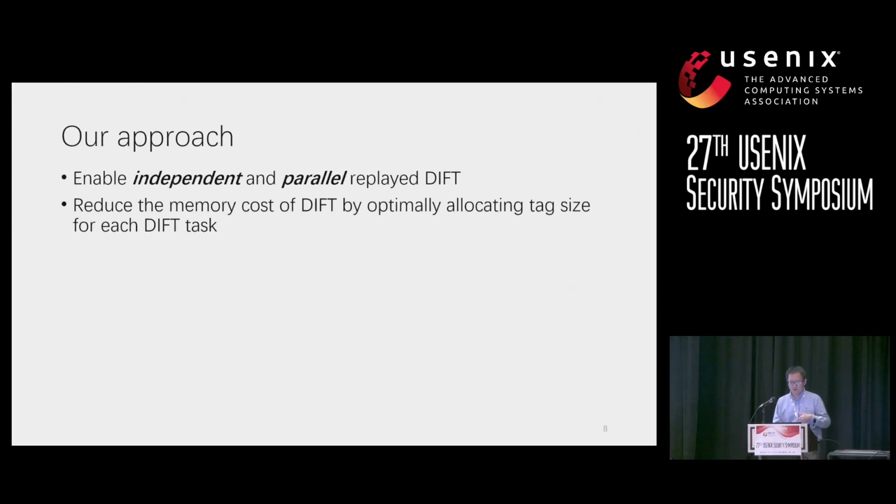So our approach is, as I said, to enable independent and parallel replay of DIFT. And we reduce the memory cost of DIFT by optimally allocating the tag size for each DIFT task.